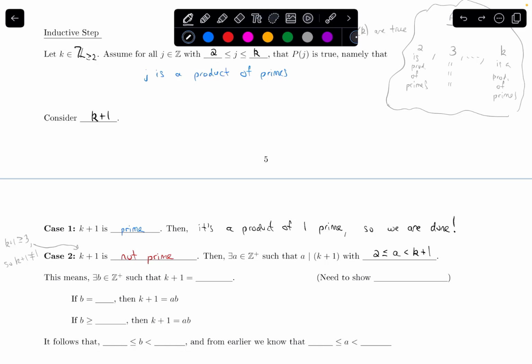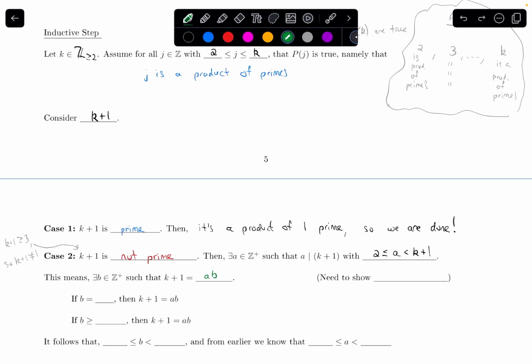Okay. So if a divides k plus 1, that means there's a positive integer b such that k plus 1 is going to be equal to a times b. That's what it means for a to divide k plus 1. There's something I multiply a by to get k plus 1.